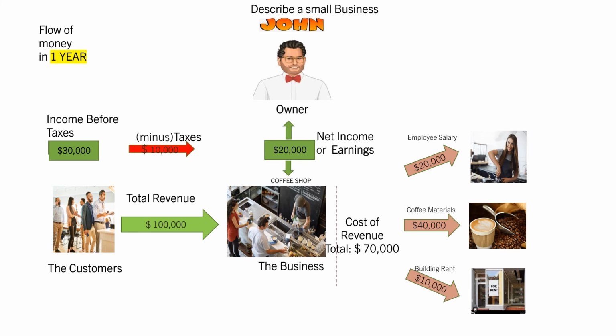So the revenue comes into the business at $100,000 and it costs him $70,000 in order to make the $100,000. That's your cost of revenue, which leaves you $30,000 before the income tax. You take $10,000 out for the taxes, which leaves John $20,000 in net income, or the earnings for a year.